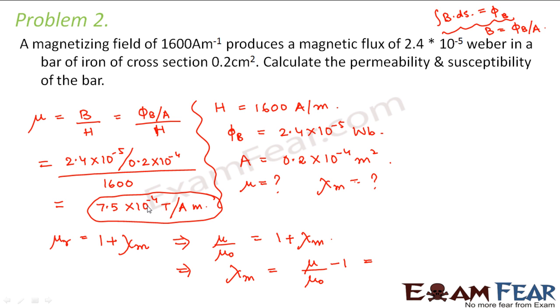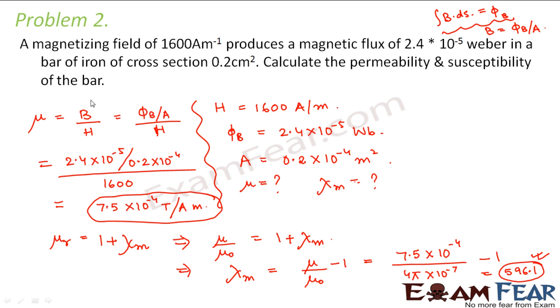What is mu? We have calculated just now, 7.5 into 10 to the power minus 4, divided by mu naught which is 4 pi into 10 to the power minus 7, minus 1. This comes out to be 596.1. This is the value of magnetic susceptibility.